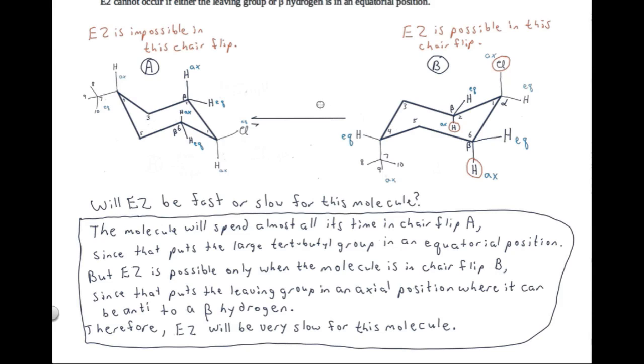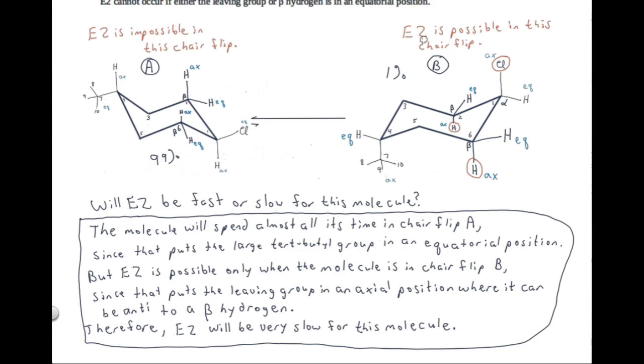For illustration, we might say that the molecule is going to spend maybe 99% of its time in chair flip A and maybe only 1% of its time in chair flip B. Those are just made up illustrative numbers. But that means that 99% of the time, E2 will be impossible, and only during this rare 1% of the time will it even be possible for E2 to occur.